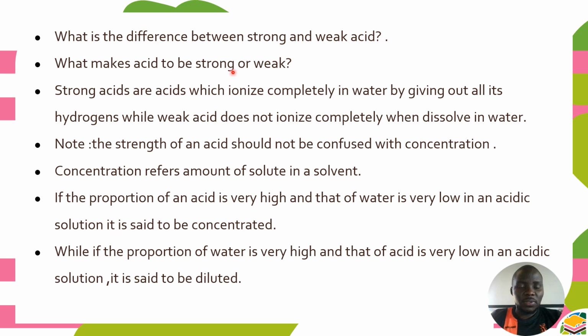These two questions are the same and can be answered at the same time. Strong acids are acids which ionize completely in water by giving out all their hydrogen atoms, while a weak acid does not ionize completely when dissolved in water. It means some of the hydrogen remains with the acid.